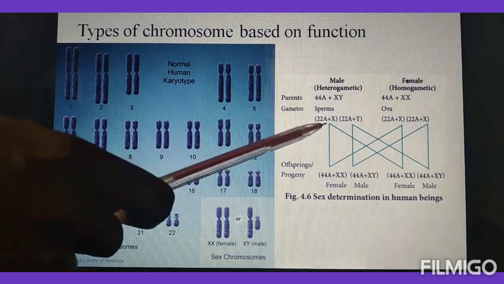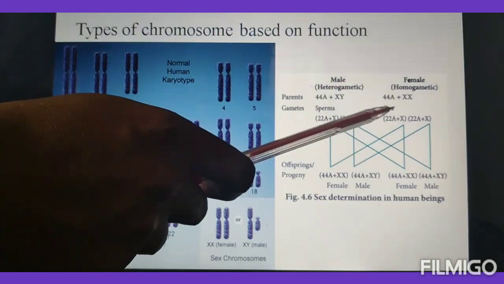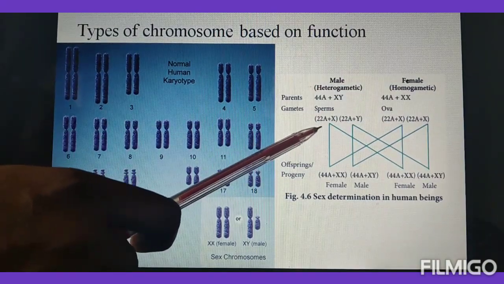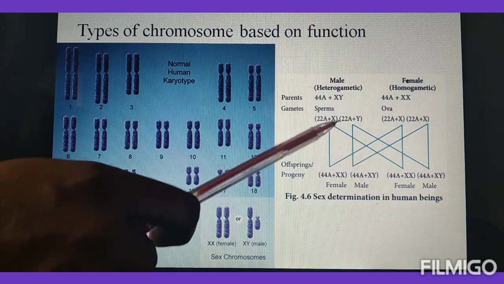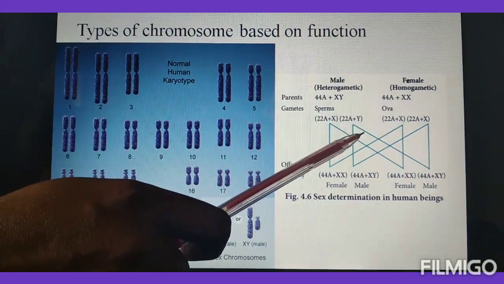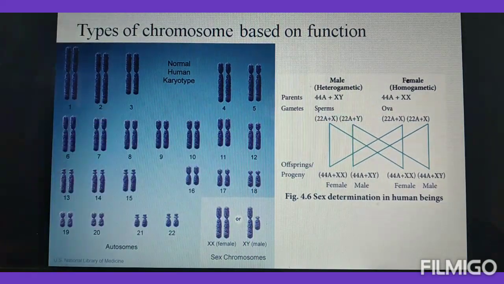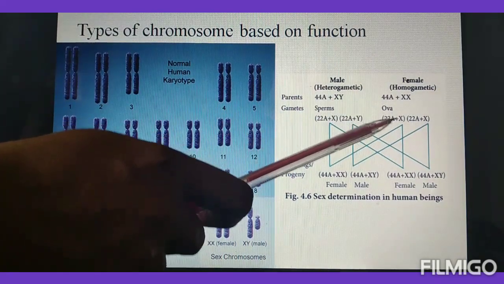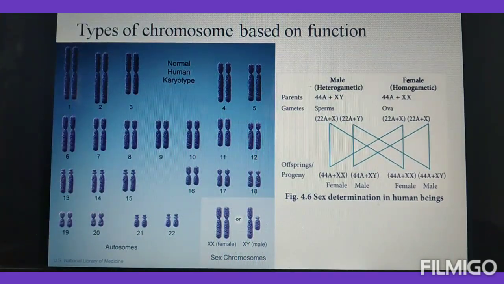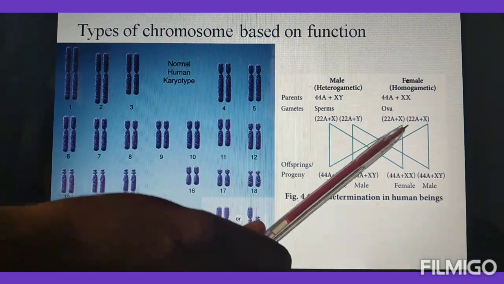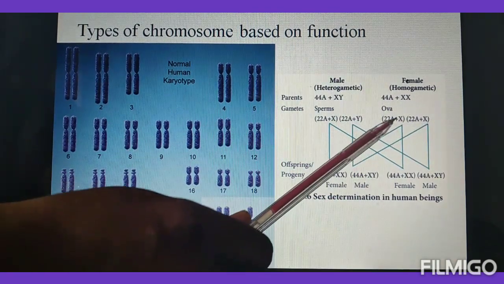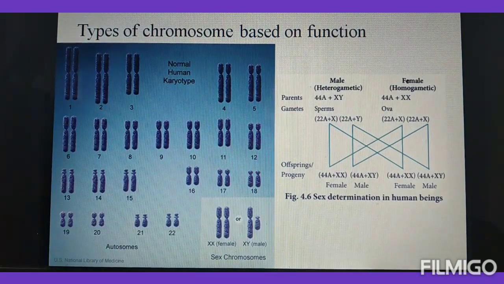But in the reproductive cells, the sperm and the ova, in sperms, along with the 22 autosomes, either X or Y chromosome is there. In the case of females, along with the 22 homologous chromosomes, any one of the X chromosomes is there. So this condition is called haploid. It is represented by N.